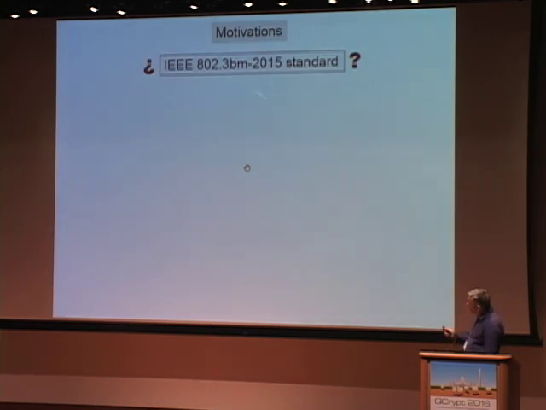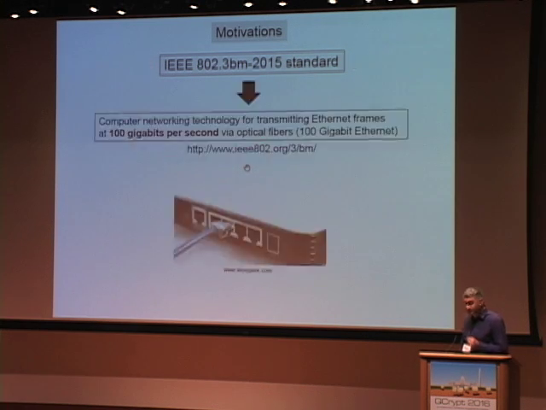So this is a very strange number, a very strange code, but it has a specific meaning. It is more or less the current IEEE standard for classical data transmission in an Ethernet network via optical fibers. And what you see is that we have a number here, which is 100 gigabits per second.